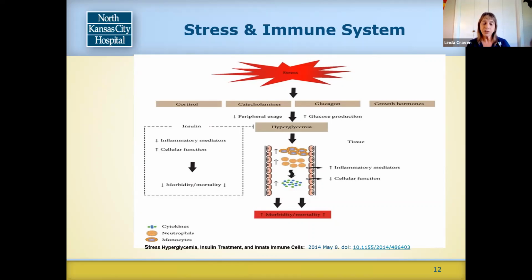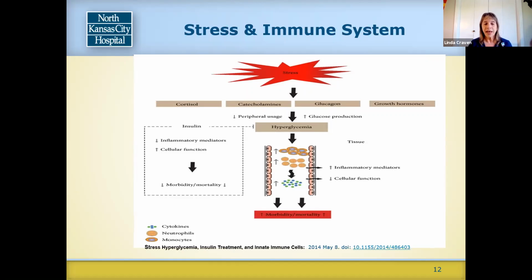So when you have stress, your body releases inflammatory hormones or cells such as neutrophils and monocytes, a couple of them. Those two together release something called cytokines. And cytokines affect the body's ability to react to the elevated glucose, and they affect the insulin.